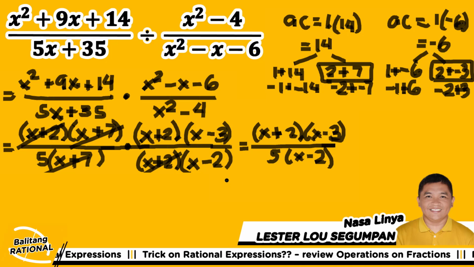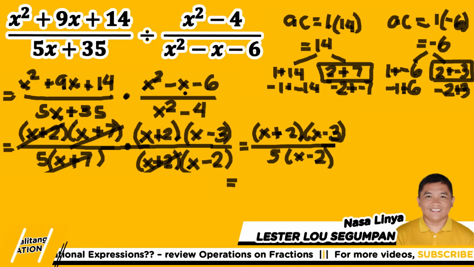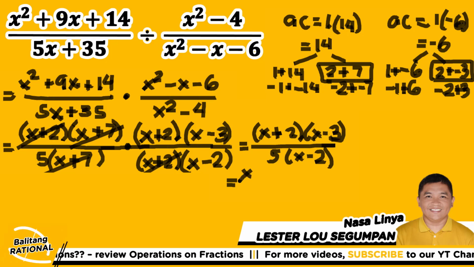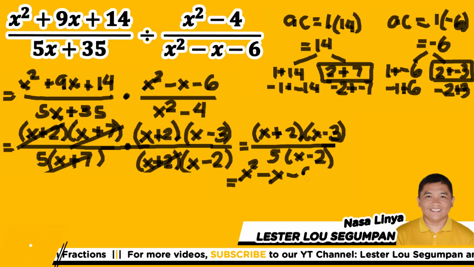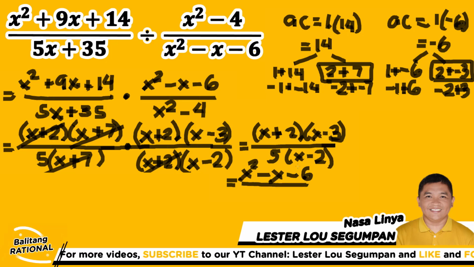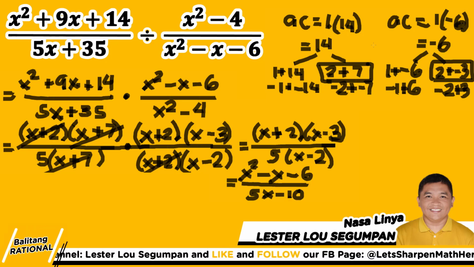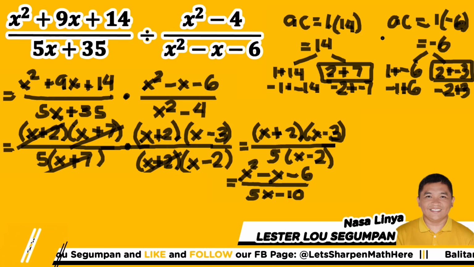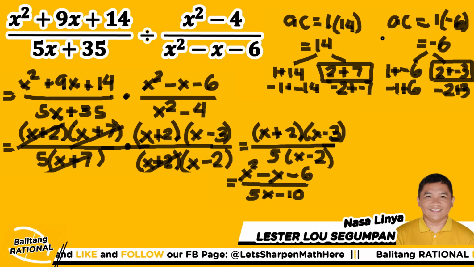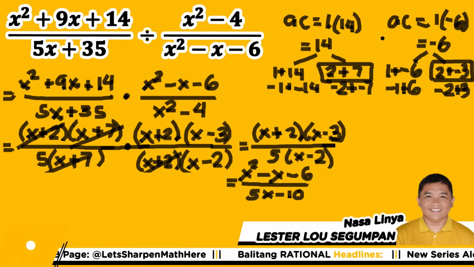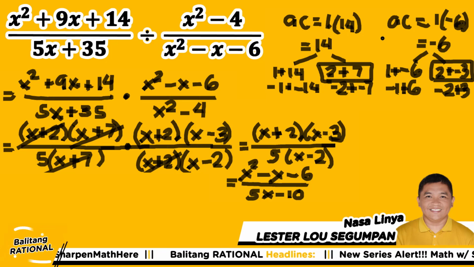If you would like to multiply them, yung x plus 2 and x minus 3 natin are factors of this, so it will return to our trinomial here, x squared minus x minus 6. But our denominator will become 5 times x, that's 5x, and then minus 10. So this is now the simplified form of our original expression that are given with are under division, but we change it to multiplication using the keep change flip method.